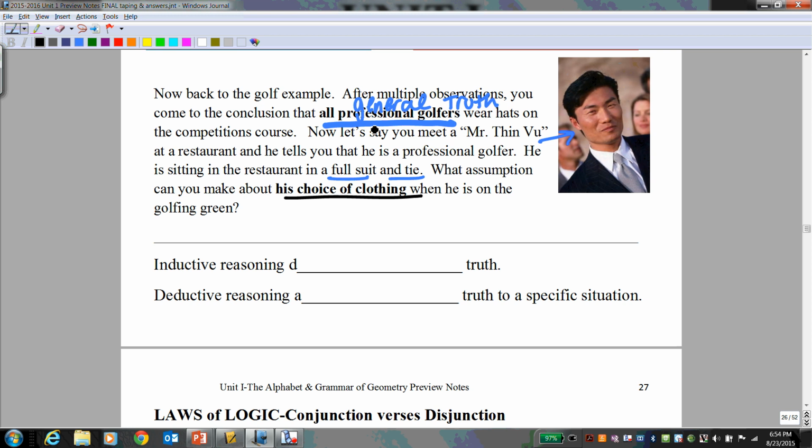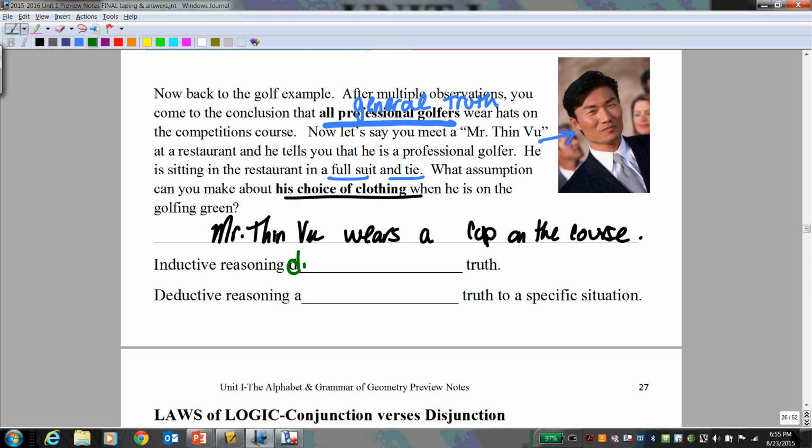Taking the general truth that all professional golfers wear a hat on the course, we would apply it to a specific situation. We would say, Mr. Tin Vu wears a cap on the course. This is an example of deductive reasoning.